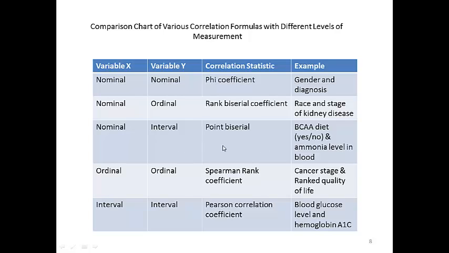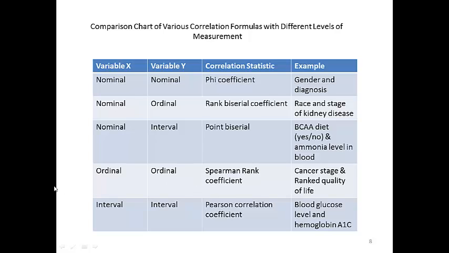Going back to our earlier examples, we could see if patients who were on a branched chain amino diet, and that would be yes or no, nominal level, was correlated to ammonia levels in their blood, and that would be interval level data, and so we'd use a point by serial statistic. What about ordinal level data?